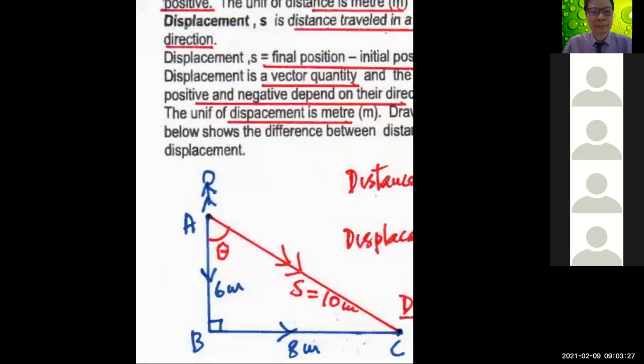Now you have seen the question. First, you are asked to calculate the distance traveled by the boy. Second, you are asked to calculate the displacement of the boy. Two questions. Can you try to work it out first?